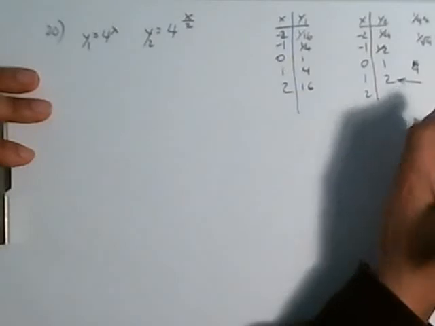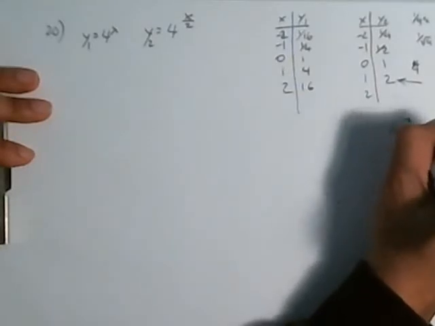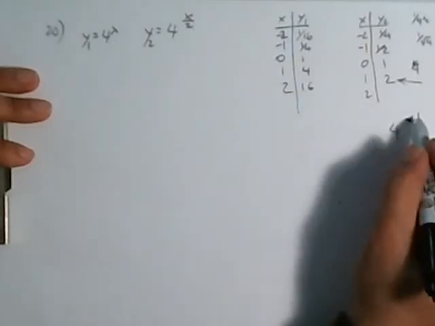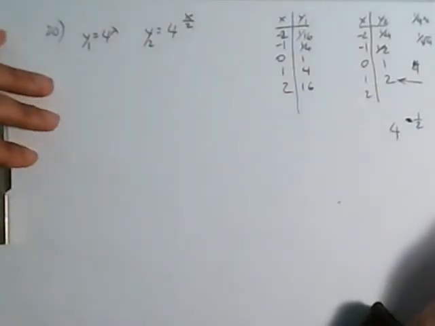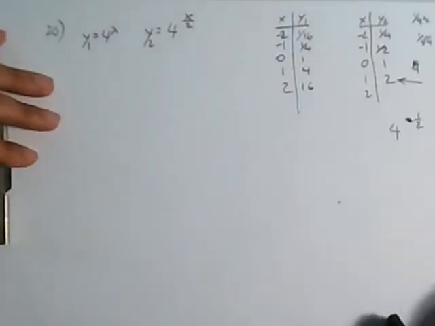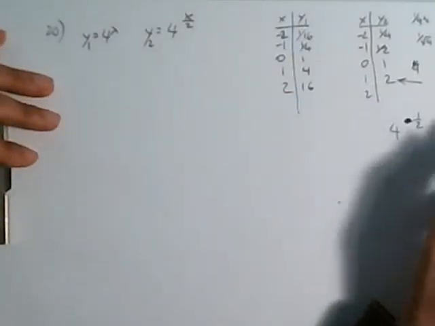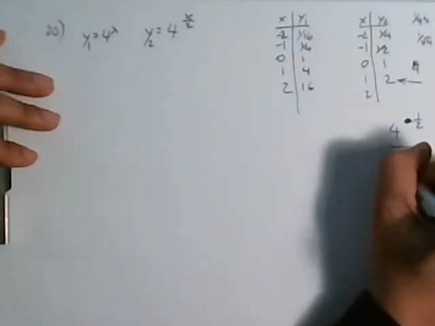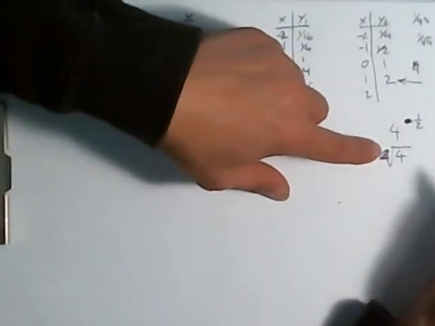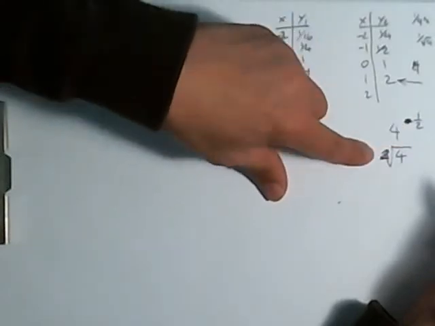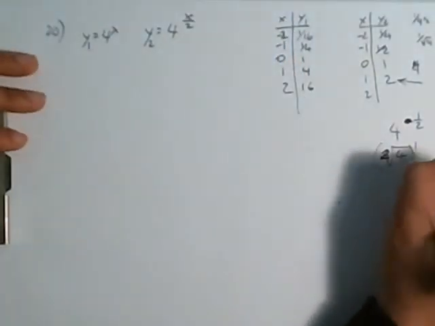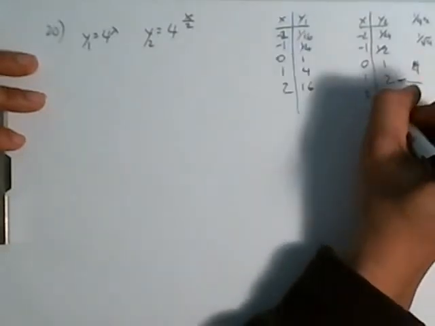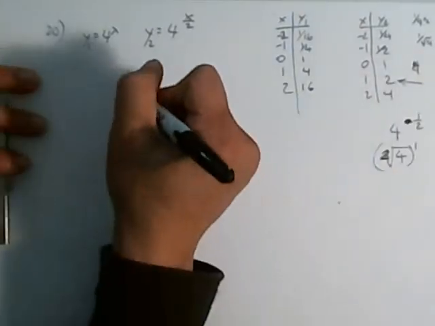That's your x value right there. This is called exponential form. If you change it into radical form, the denominator becomes the index, and the numerator becomes the power. The square root of 4 is 2. 4 to the 1 is 4.